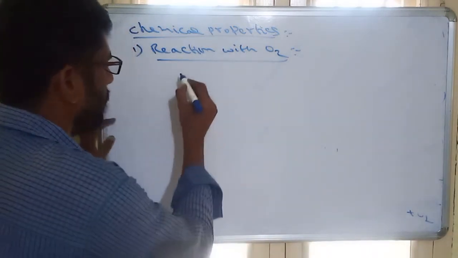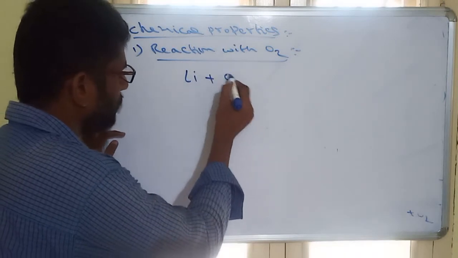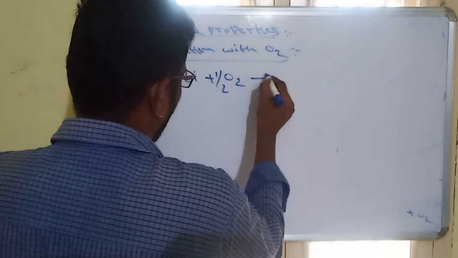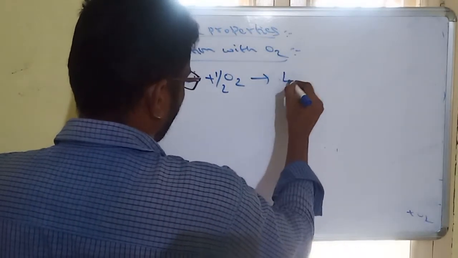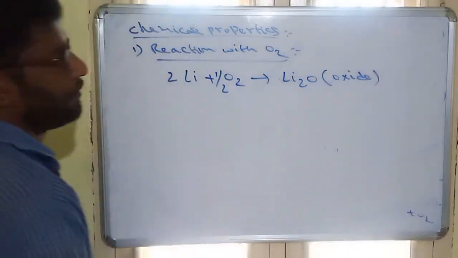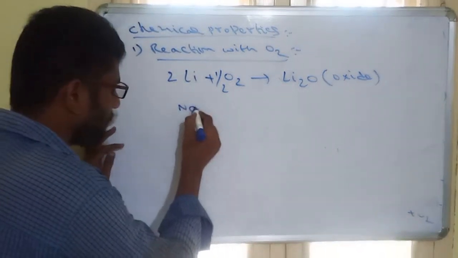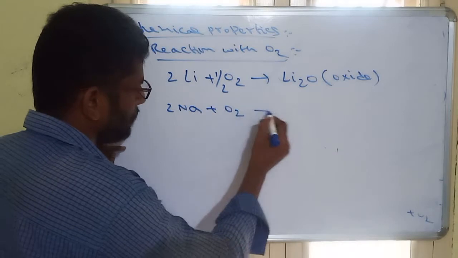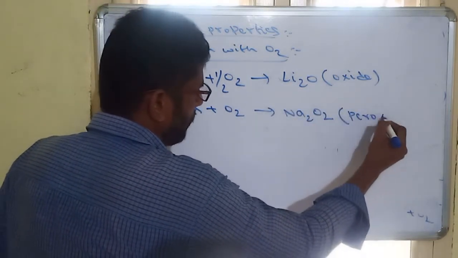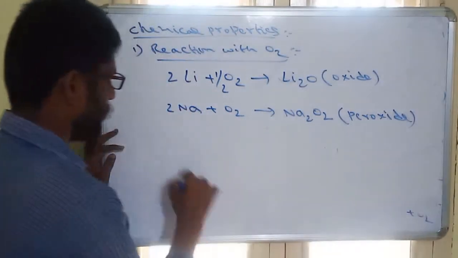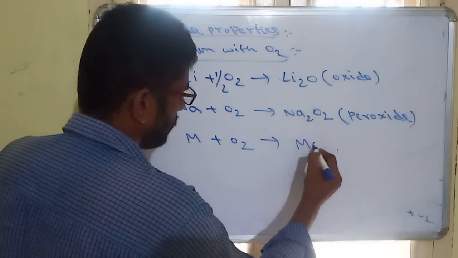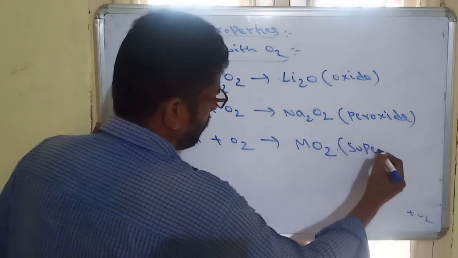For example, if lithium is combining with oxygen, it produces Li2O. This will be the oxide. Similarly, if sodium combines with oxygen, it will produce Na2O2. This will be the peroxide. Whereas the remaining metals on combining with O2 form superoxides.